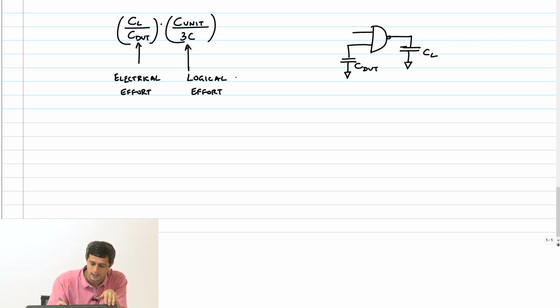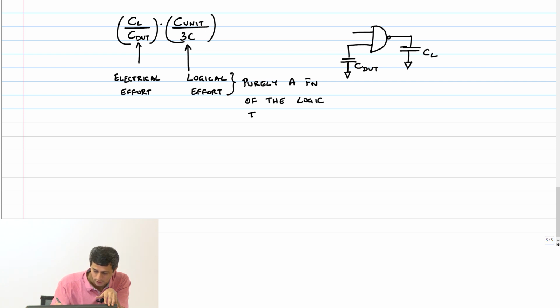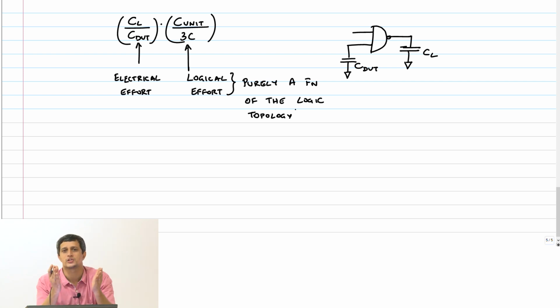But this logical effort is purely a function of the logic topology. How many transistors you have on the NMOS stack, how many transistors you have on the PMOS stack. This will purely determine what the logical effort of the gate is. Okay.